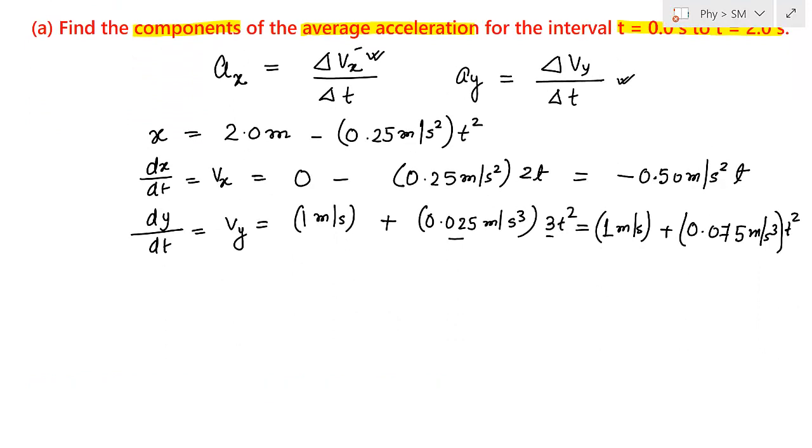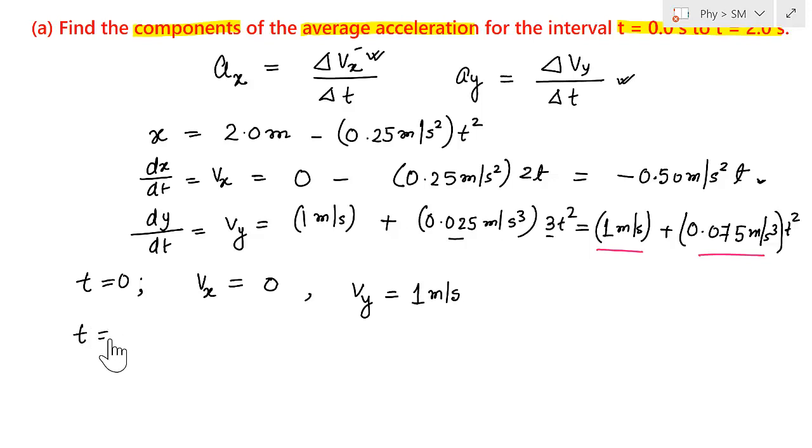So we can calculate the velocity at t equals 0. Let us calculate for t equals 0. What is the X component? If I plug t equals 0 into this expression, it becomes 0. What is Vy? The second term will be 0 because we have t squared, so Vy equals 1 meter per second.